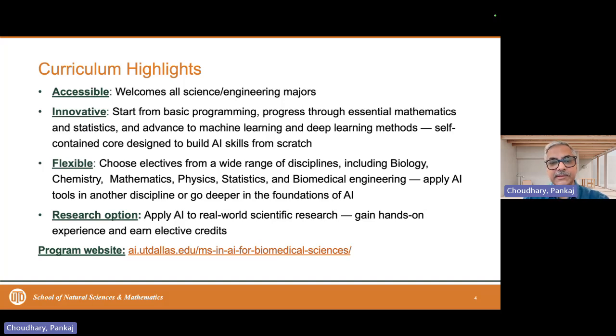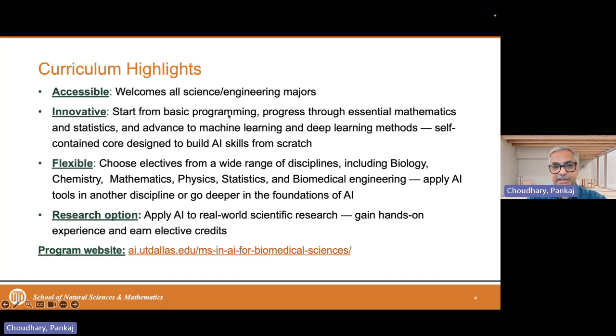Then we move to some biostatistics, and then we teach courses in AI and machine learning, including deep learning. And then, of course, there is a whole set of electives. The curriculum is quite innovative. As I mentioned earlier, we started from scratch, and this curriculum is specifically designed for people who don't have a background in mathematics, statistics, or computer science, but who have a background in science or engineering disciplines.